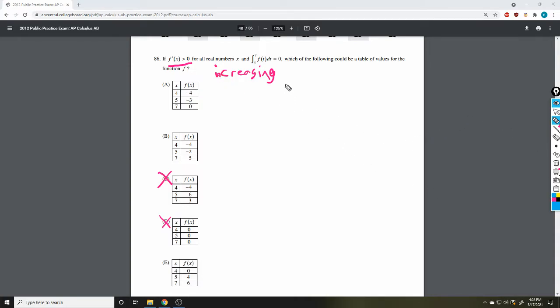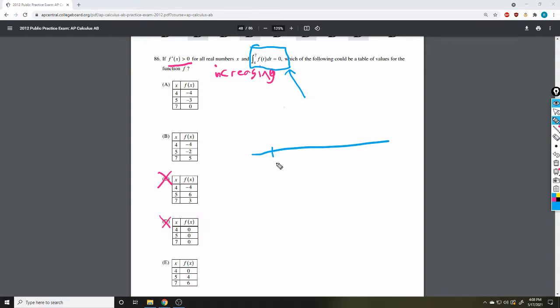And then I know that the integral from 4 to 7 is 0. If the integral from 4 to 7 is 0, that means I have to have a situation where I'm basically canceling out areas.